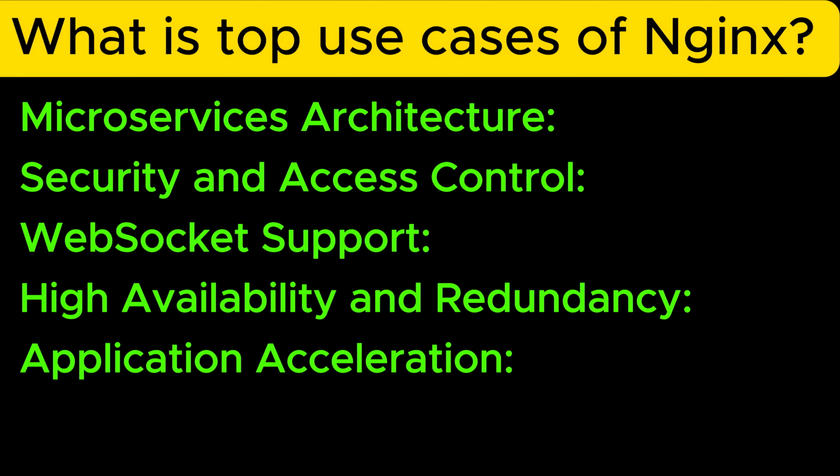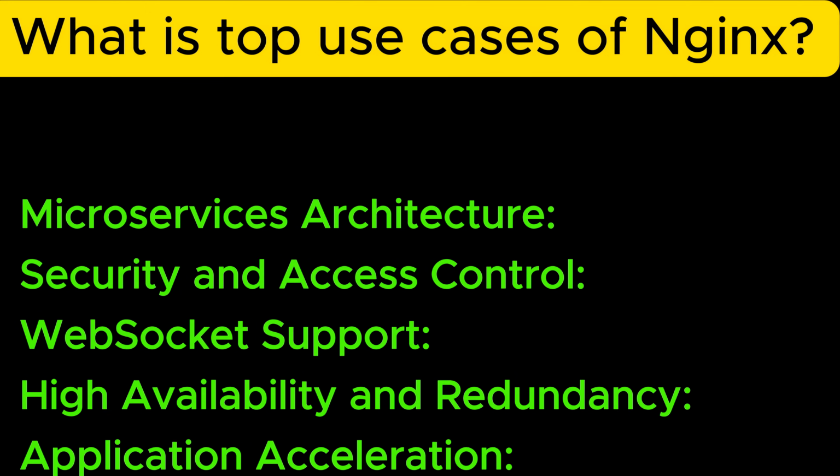For application acceleration, Nginx can accelerate application performance by serving as a front-end proxy for application servers, optimizing the delivery of dynamic content and reducing latency. It can also act as a proxy server for mail protocols like IMAP, POP3 and SMTP, helping distribute the mail traffic across backend mail servers.